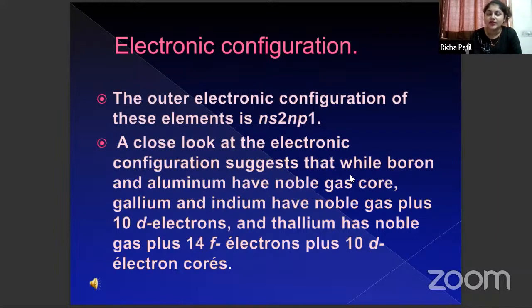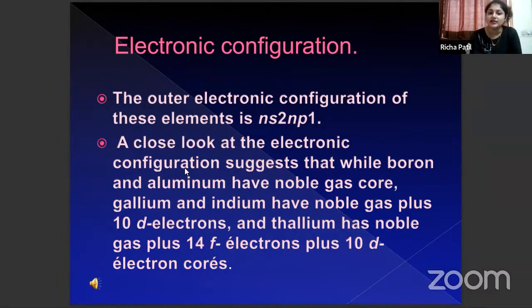Gallium and indium have a noble gas core plus d electrons. And thallium has a noble gas core plus 14 f orbital electrons and 10 d electrons. So these are the general electronic configurations.